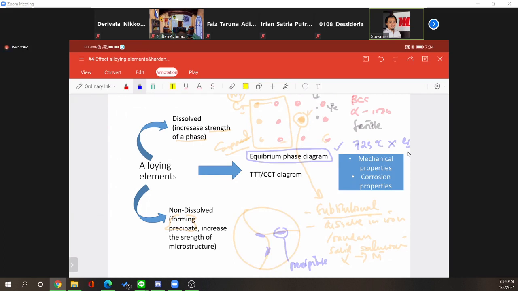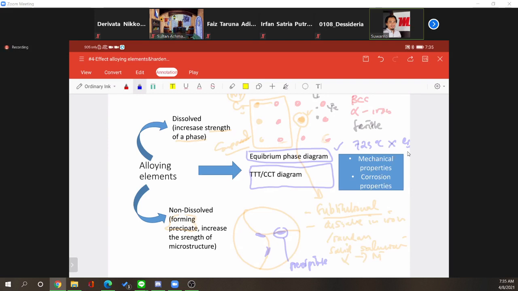And the second thing, it will change the TTT or CCT diagram. Remember from the class last week that it will be shifted in general. Alloying element will shift the TTT diagram to the right and down. So Ms will go down, decrease, and the nose will be shifted to the right.